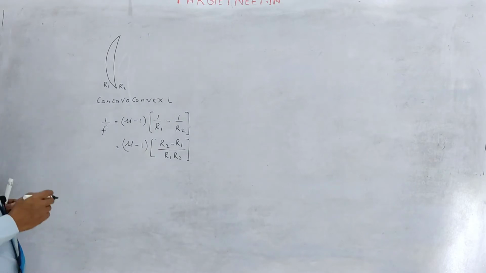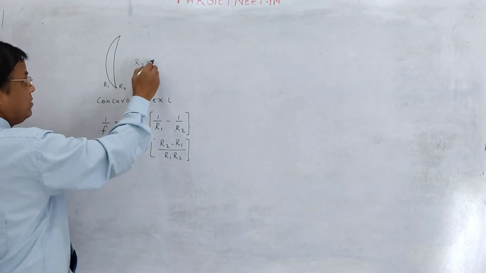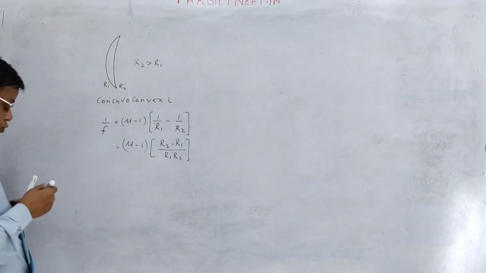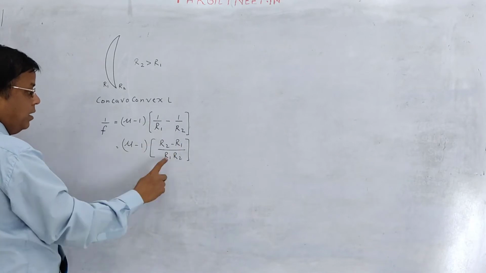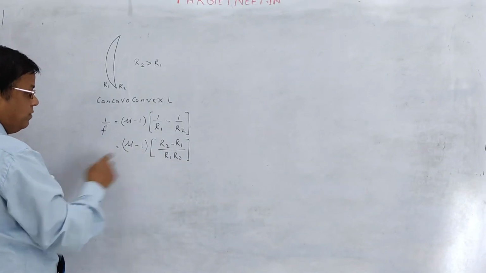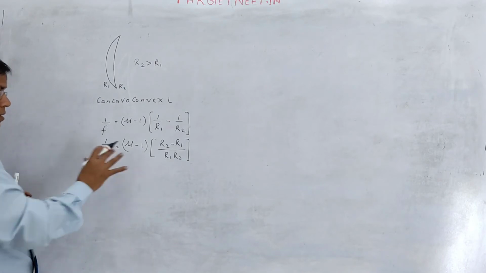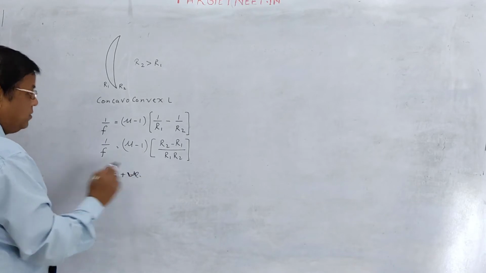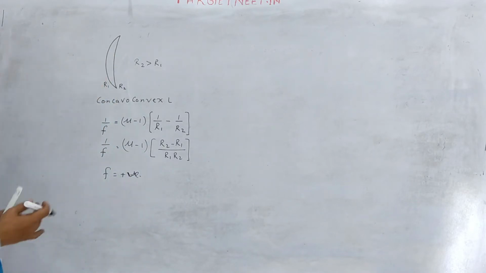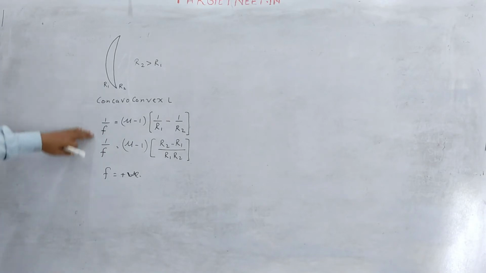And you know here R2 is greater than R1, only then the name concavo-convex can be given. So if R2 is greater than R1, this will be positive, and these two are positive, so the focal length will be positive. So this lens behaves like a converging lens.